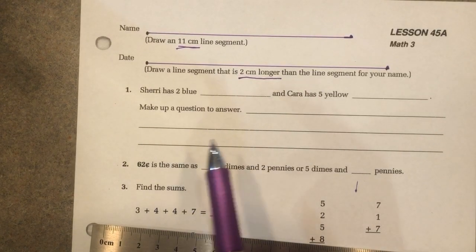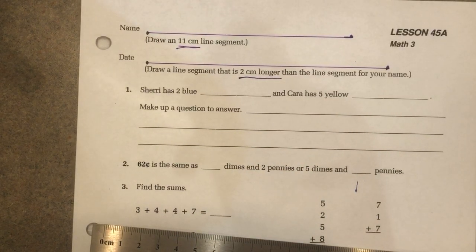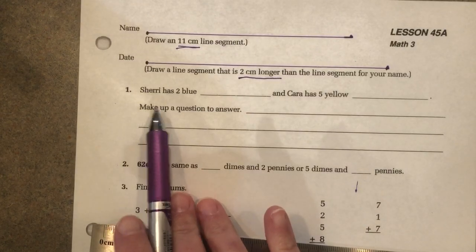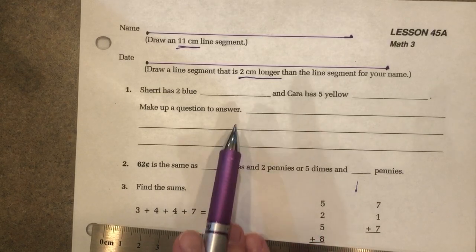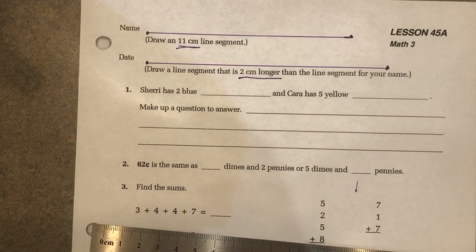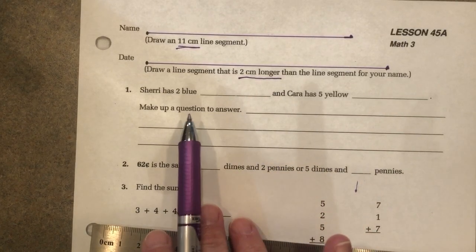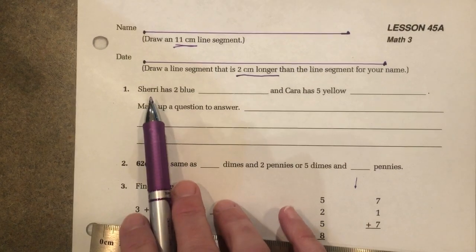So what they're going to do is they're going to have you start creating word problems so that you can kind of see how they work and what words we use to create the number sentence. So they're just going to do it fill in the blank for you for now, and we'll kind of make up the question from that fill in the blank. You're going to have one very much like the one we're going to do on this side on your side. So I'll walk you through it.